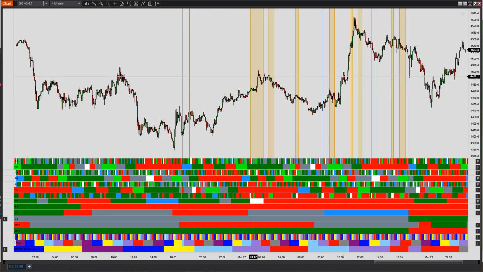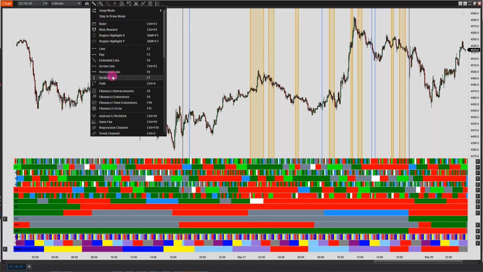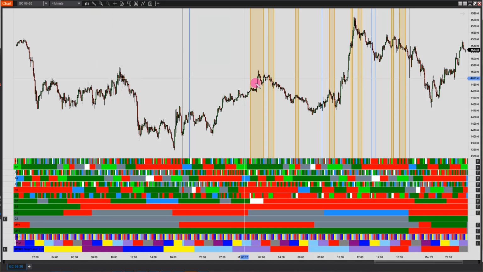So I come back here and I want to strike a line where I have the dark purple, and that is right in there, and that puts me in at that low.